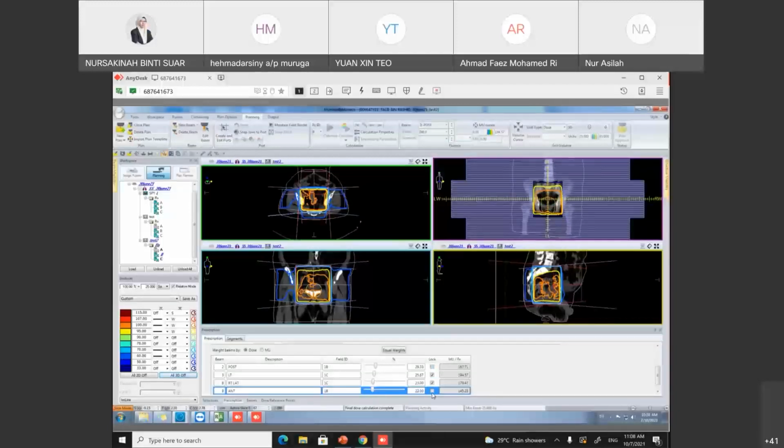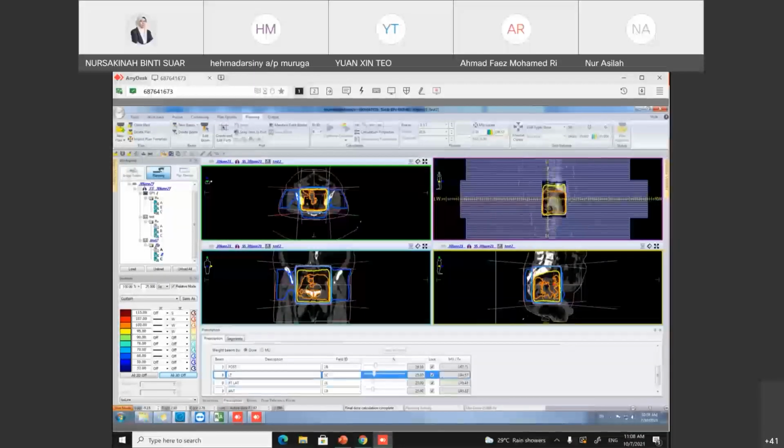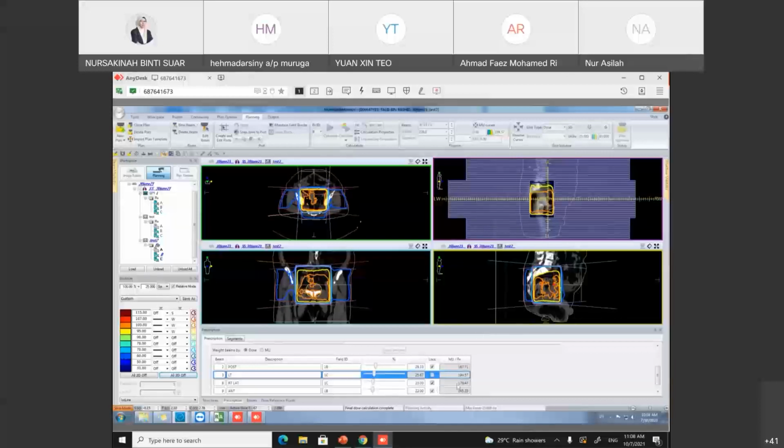So now we will try to lock the anterior and posterior beam, because you are already satisfied with the anterior and posterior weighting. Just remember, when you play around with this weighting, you need to pay attention to how the dose changes. You have to really mark down what you have changed, because I see quite a lot of juniors, when they change from 23 to 20%, they don't remember how much they changed.